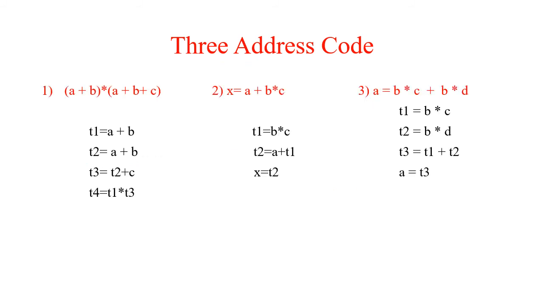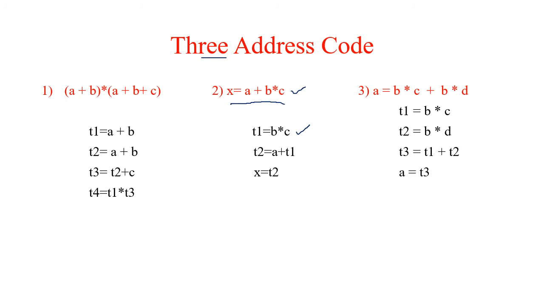Now these are some examples of three address code. The first example: x equal to a plus b star c. To perform this expression, which subpart has to be evaluated first? Which intermediate result do we require? b star c. That is t1 equal to b star c.